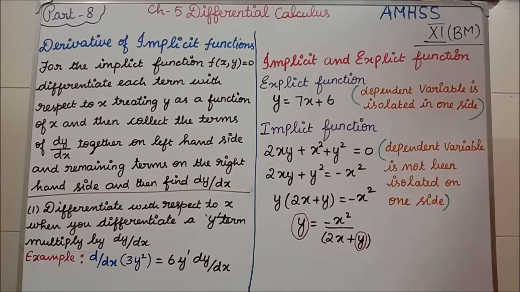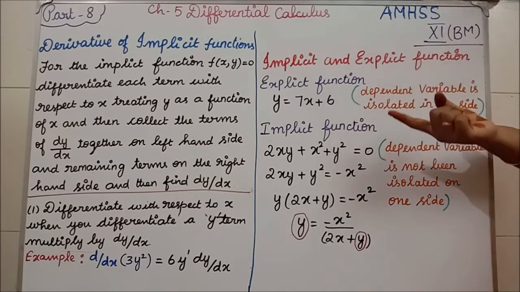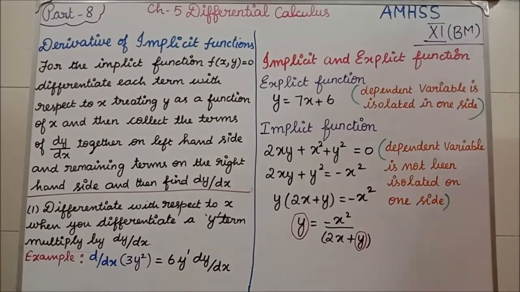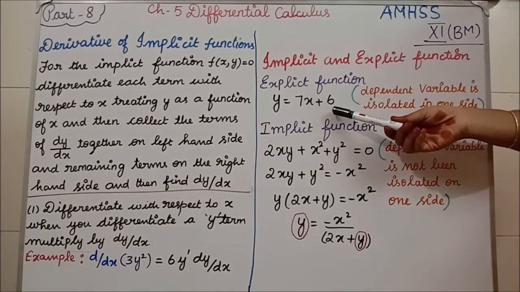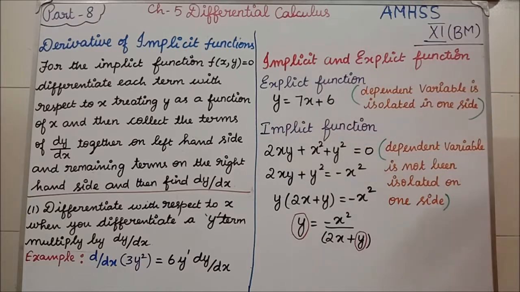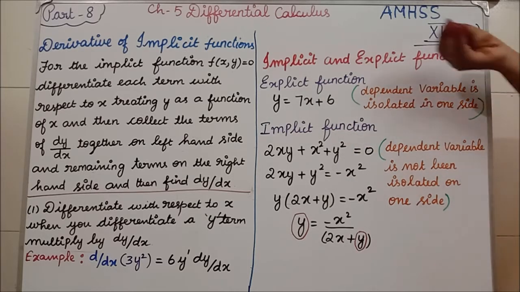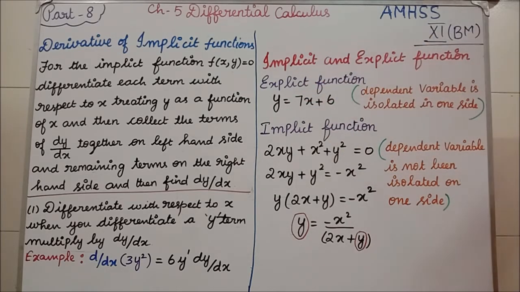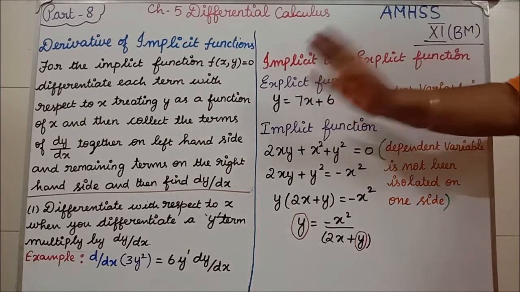The y value will change. So here, which is dependent and which is independent? Here x is the independent variable and y is the dependent variable, because x does not depend on anything, but y depends on the x value, isn't it? In the bracket we wrote that the dependent variable is isolated on one side, which means the variable that is dependent, we keep it outside.